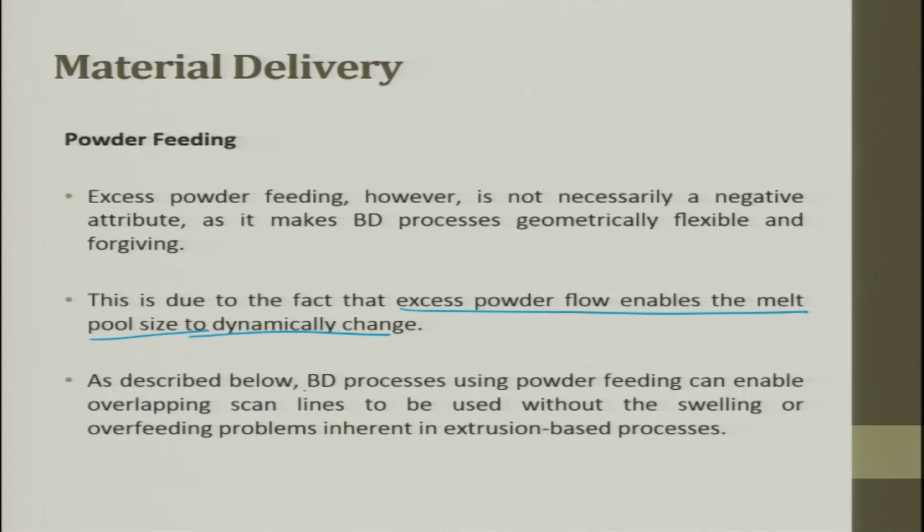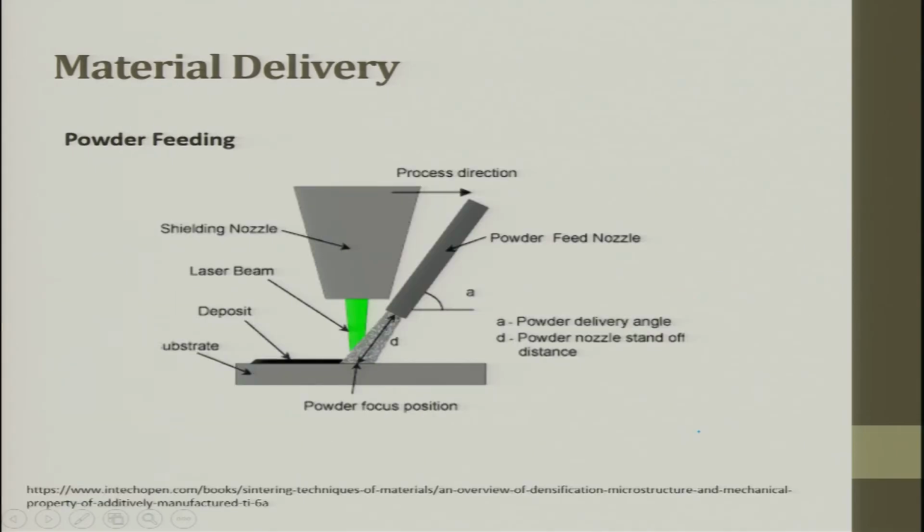As described below, the beam delivery process using powder feeding can enable overlapping scan lines to be used without the swelling or overfeeding problem inherent in the extrusion based processes. This is the advantage of the BD system over the EP system. EP is extrusion based processes.